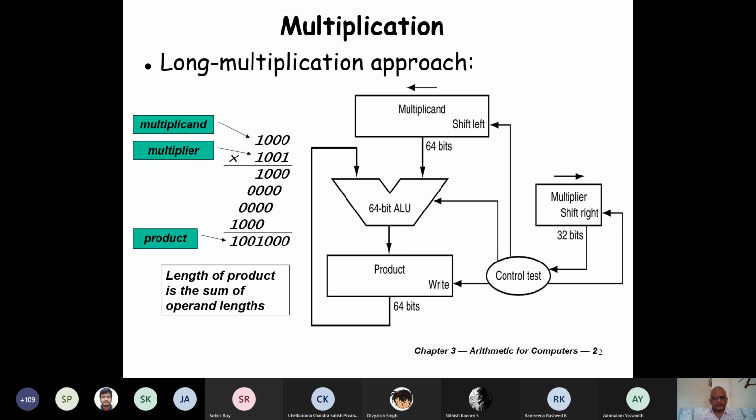But if you have observed this much, as I said, that each time we just look at the rightmost bit here, least significant bit of the multiplier, and based on if it is 1 or 0, we add or don't add, and each time we shift the multiplicand 1 bit. If that much we can observe, then the hardware is clear.